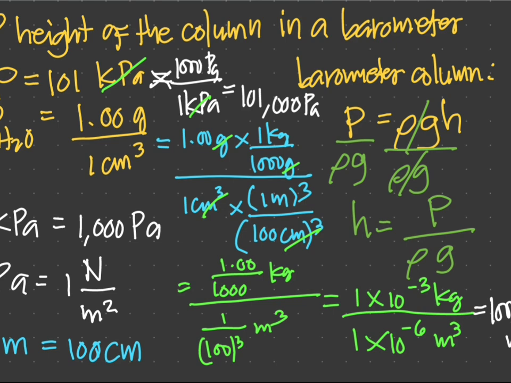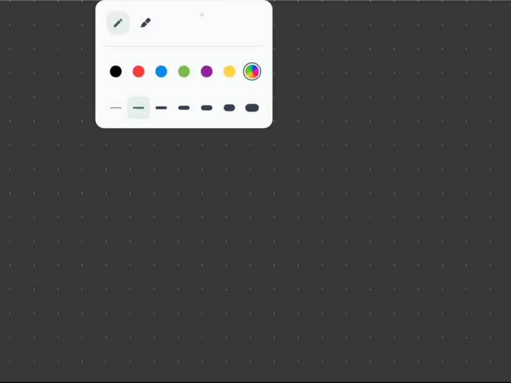All right, and then I forgot to write here the acceleration due to gravity, G, which is 9.81 meter per second squared. So that is the value of the acceleration due to gravity, and the symbol is G. The density of water, we already converted, so that is 1,000 kilogram per cubic meter.